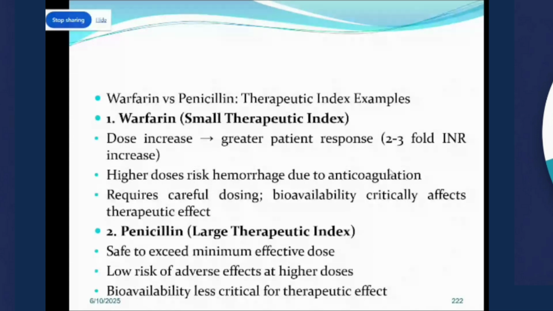And then lastly, we have looked at the therapeutic index, the ratio of toxicity over effective dose in 50% of the population. When a drug has a better therapeutic index, it is much safer. It has more leverage. But when a drug has a narrow therapeutic index, it is quite prone to adverse effects, and therefore requires a lot of close monitoring and a lot of precautions.